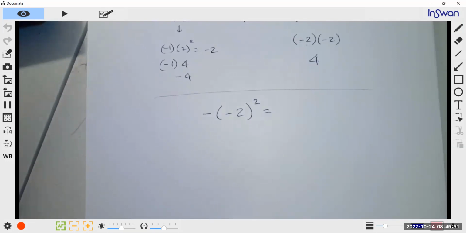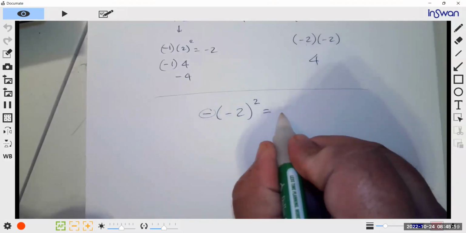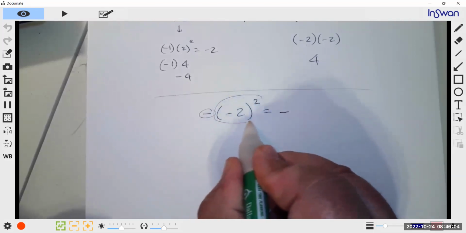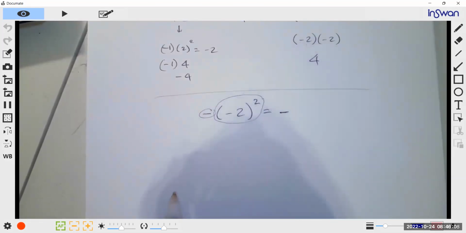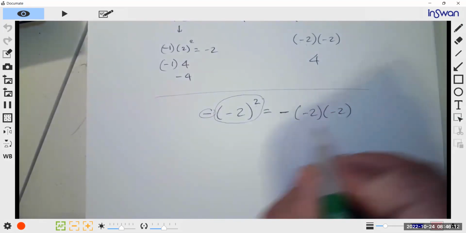So negative, open parenthesis, -2, close parenthesis squared. What this one says is, okay, there's a negative sign, it's at the front. The exponent only belongs to its base. The base is directly what's under the 2. So we have a -2 times a -2.